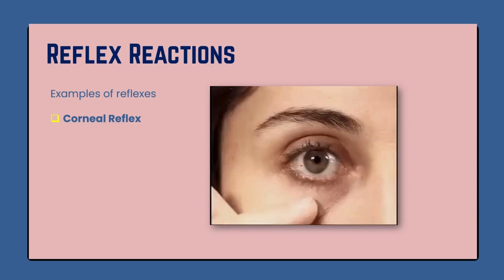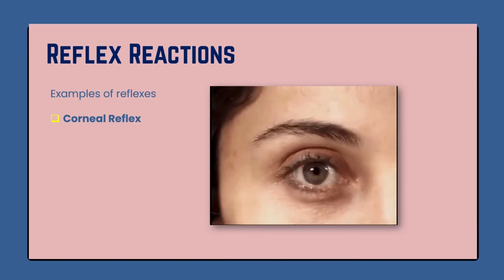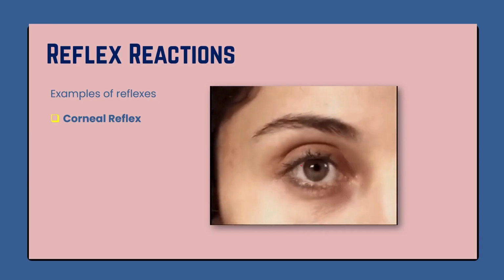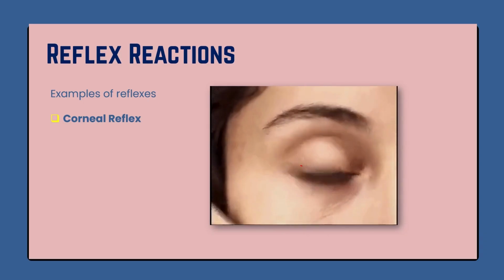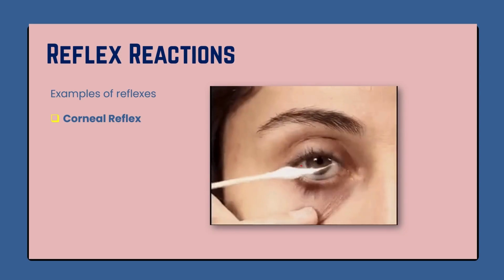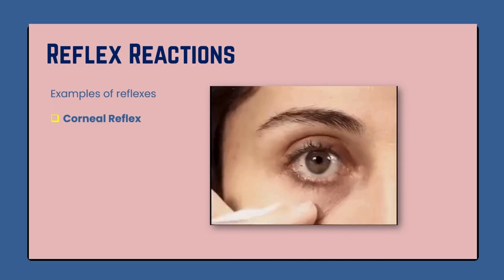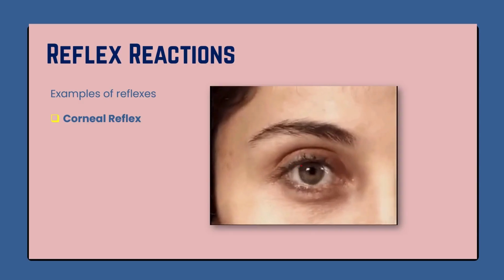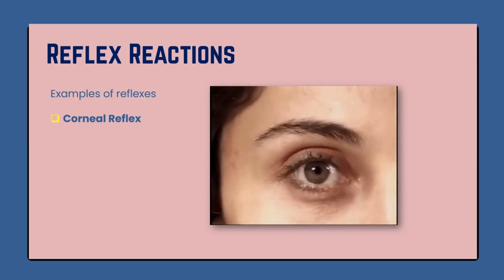If you touch this part with something even very soft like a wisp of cotton, you will see the eyes blink. This reflex helps to protect the eyes from dust, debris, or even sudden bright light. If someone flashes a light on your face, you blink your eyes, right? That's also a reflex reaction meant to protect your eyes. This is called corneal reflex.